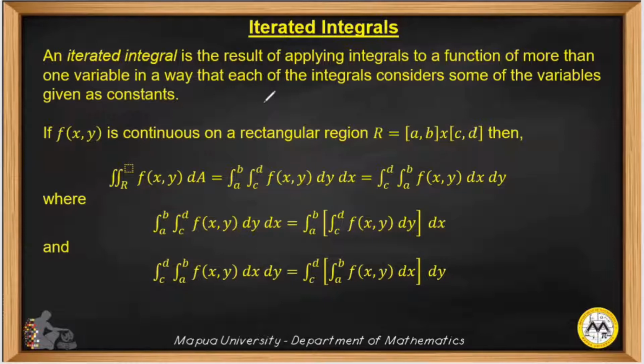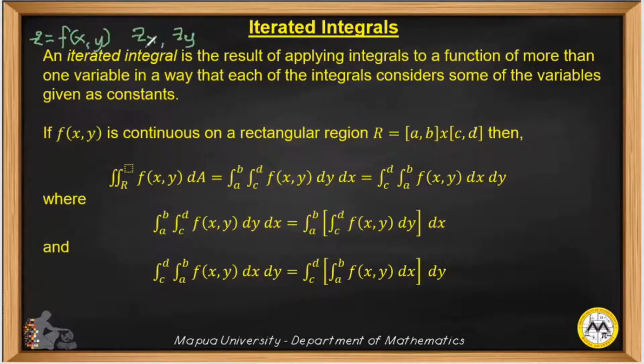Okay, recall that in Math 146 or in Calculus 1, we learned that if we are given, say, a function z in terms of x and y, a function of x and y, we can get the partial derivative with respect to x and the partial derivative with respect to y.